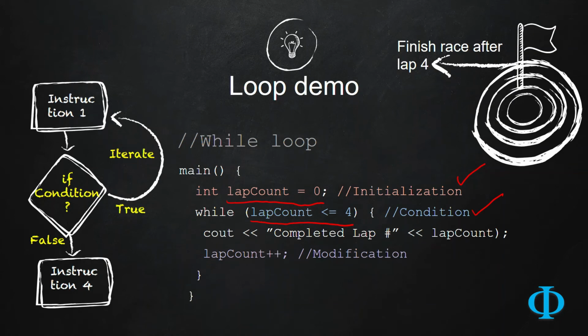And the final part is the modification of this lap count variable. Now this modification can be anything. Here, since I said that after every iteration you have to increment lap count, I have used plus plus for modification.